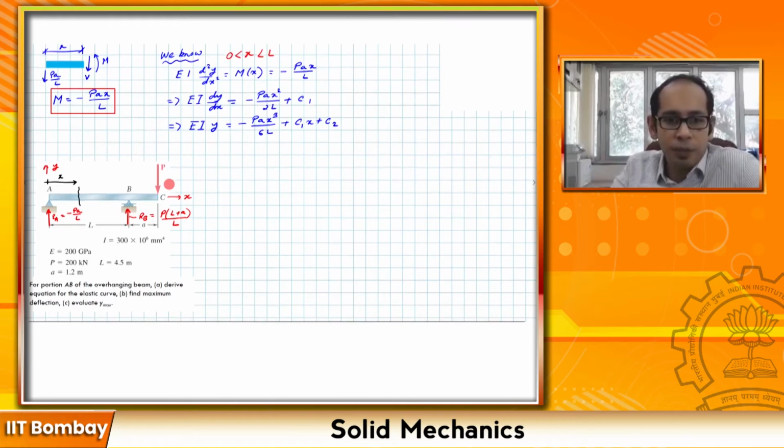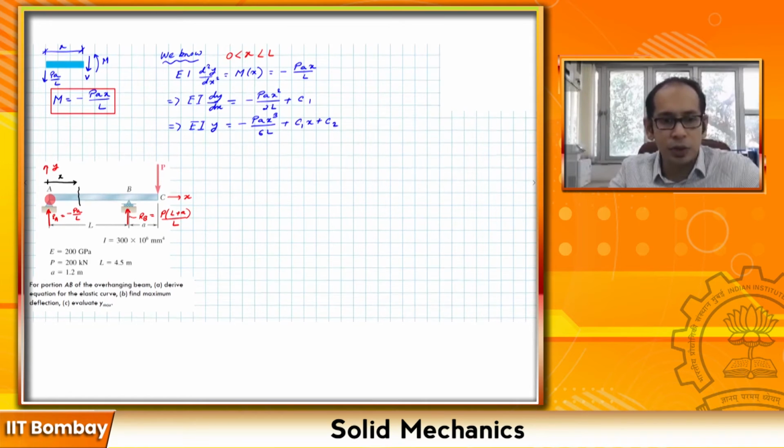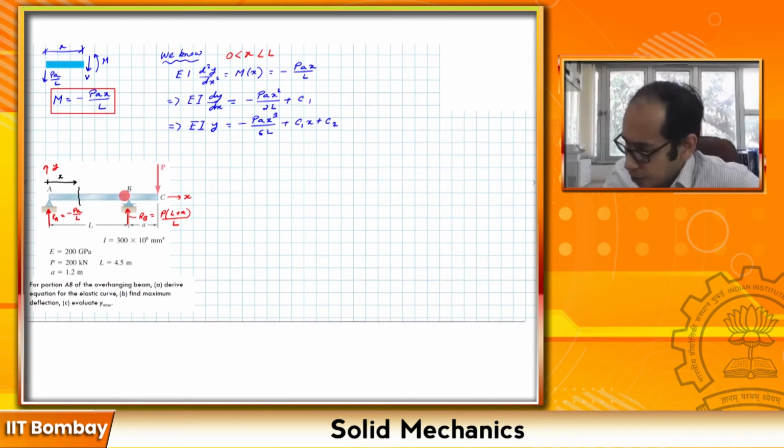So now what are my boundary conditions? So I have two unknowns, the two constants of integration. The boundary conditions are that since this is pinned over here and it's a roller over here, the deflection at x equals 0 is 0, and at x equals L also y equals 0. So let's go ahead and write the boundary conditions.